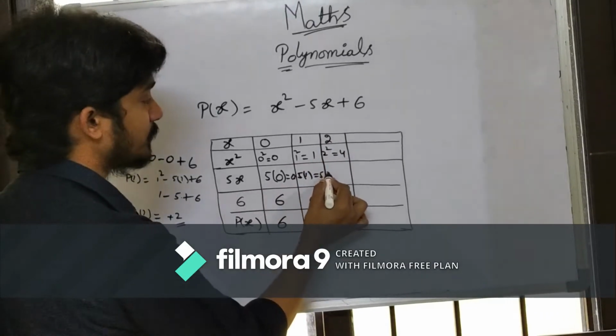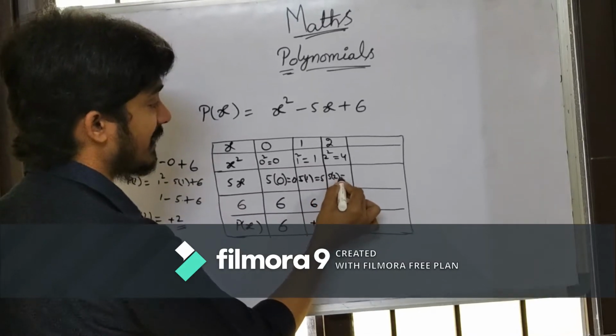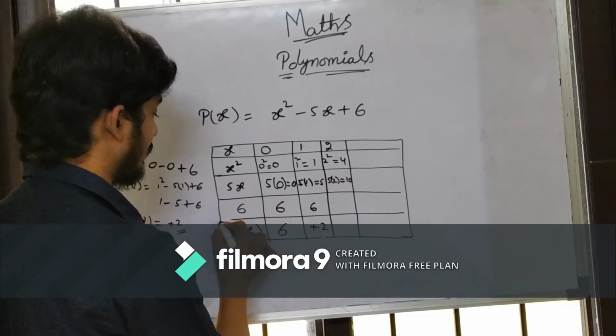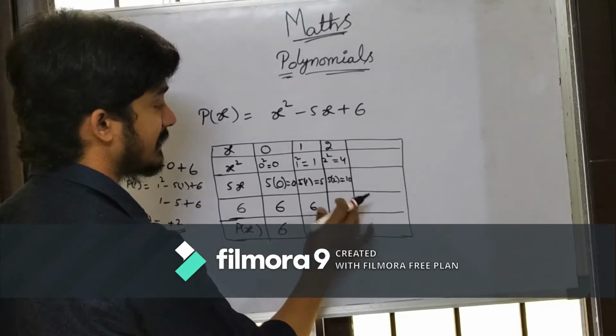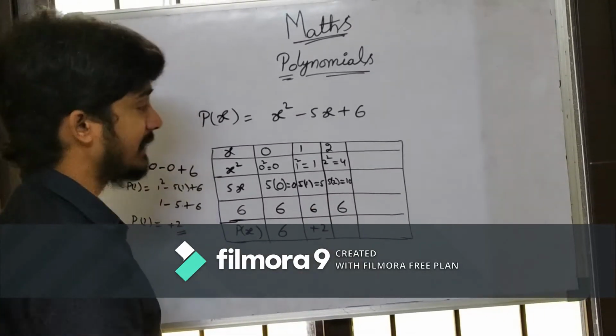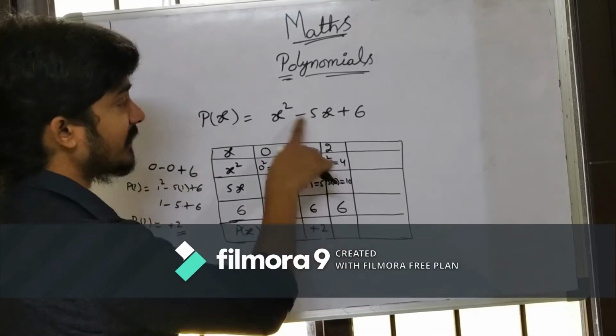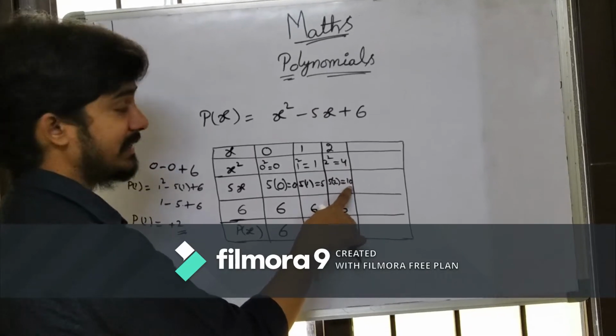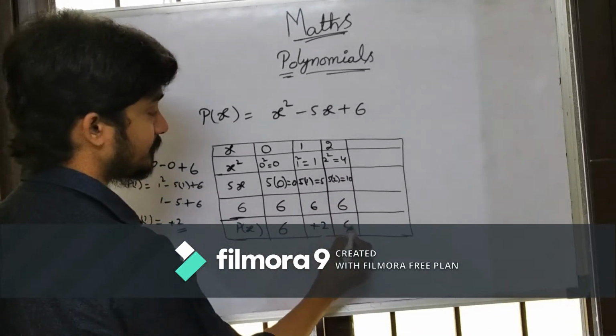Then 5x is 5 into 2, 10. Next, plus 6; 6 value is always 6. So 4 minus 10 is minus 6, and minus 6 plus 6 is 0.